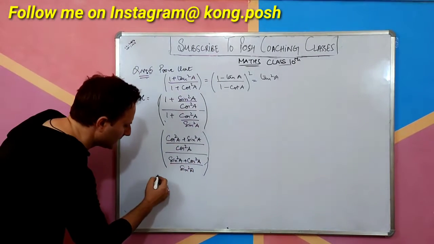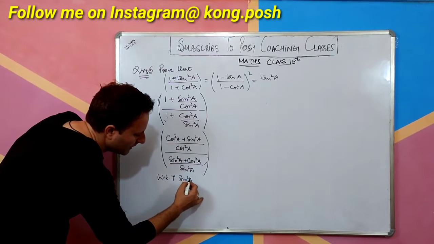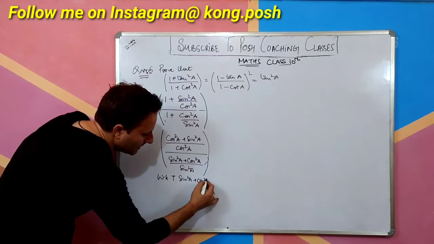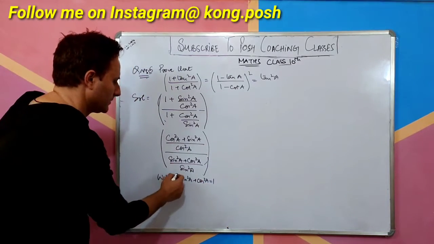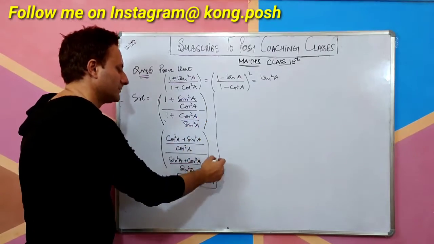I know for a fact, we know that sine square A plus cos square A is equal to 1. So sine square A plus cos square A is equal to 1.